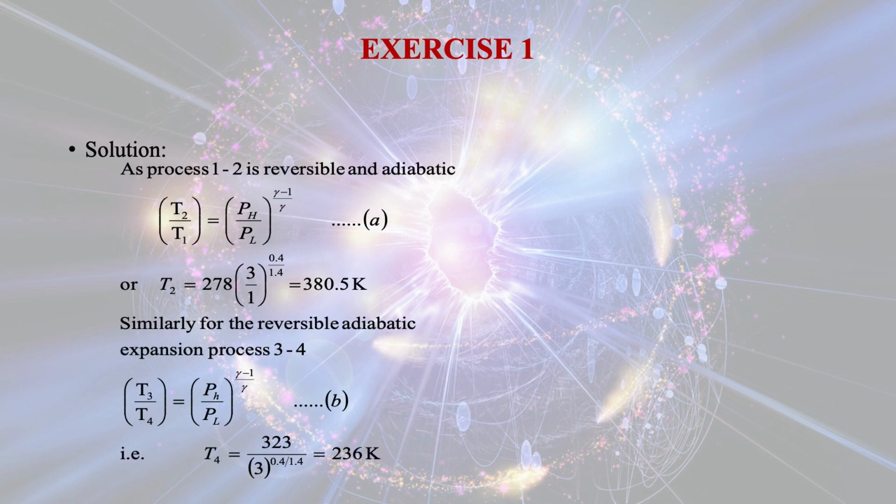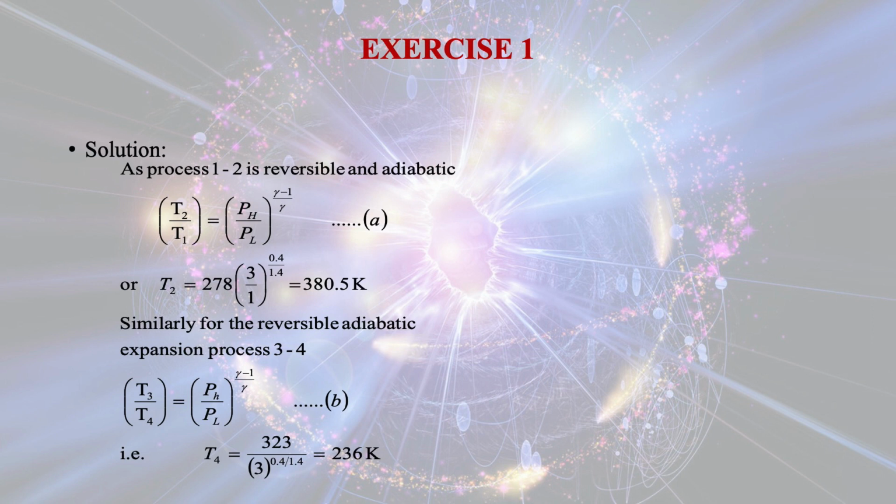Now T2 by T1 is equal to Ph by Pl to the power gamma minus 1 by gamma. So T2 we can find from this expression, that comes out to be 380.5, because we know the ratio of pH by PL, that is 3 by 1 equal to 3.